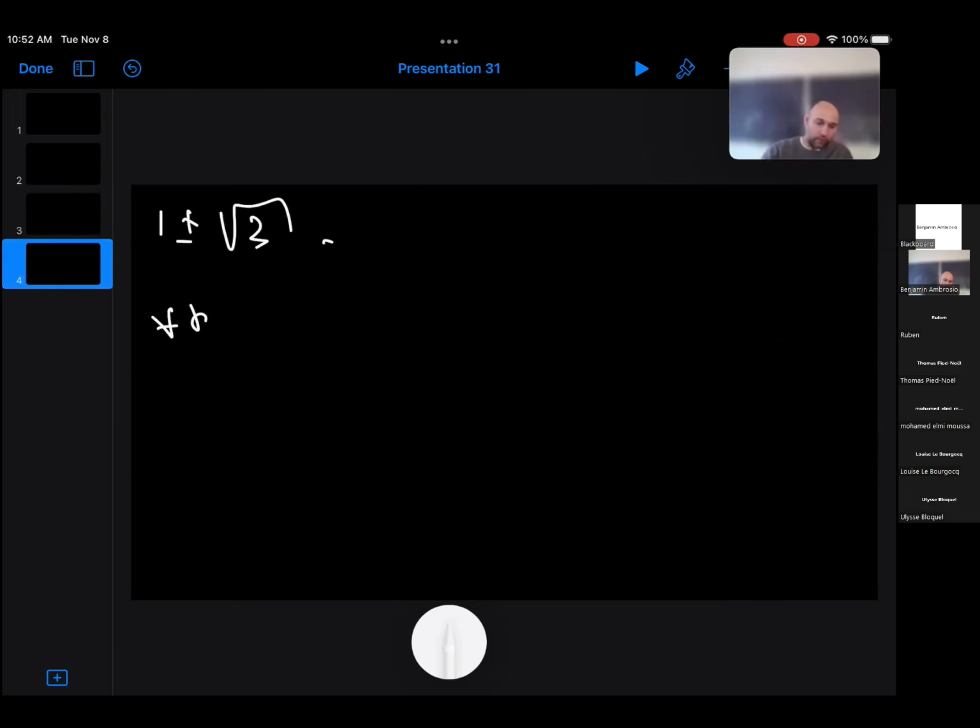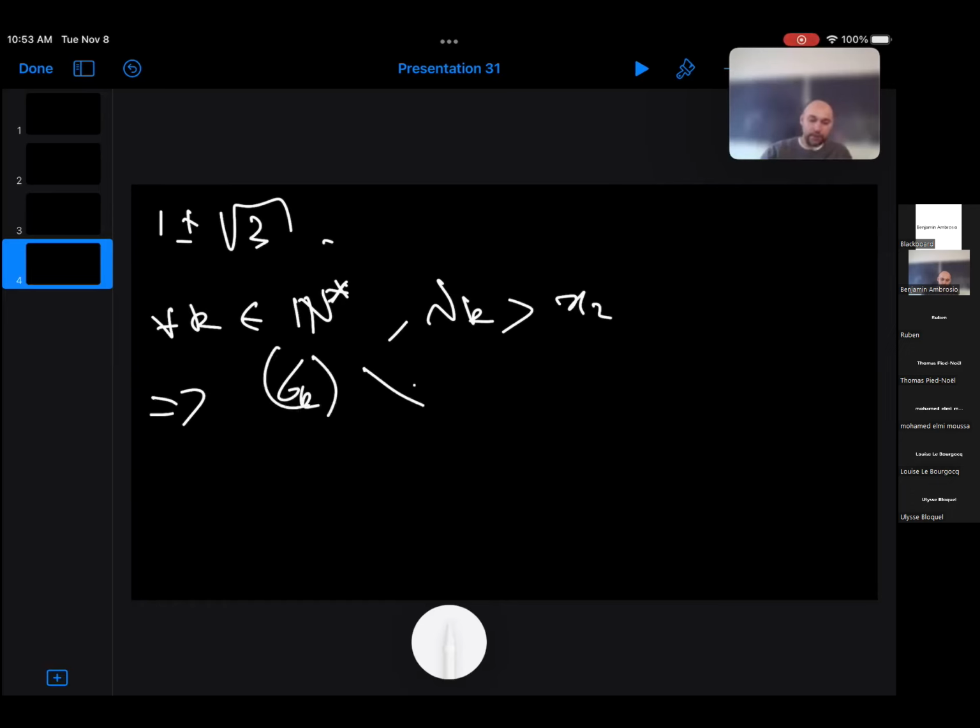So for all k, my lambda k are greater than x2, which proves that the sequence sigma k is decreasing.